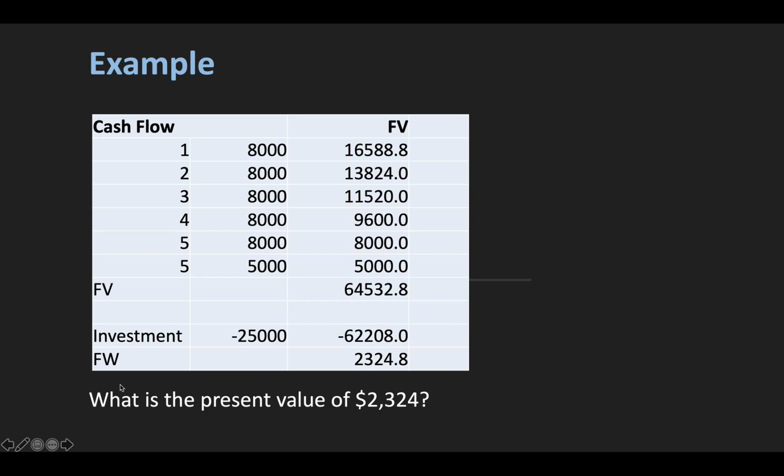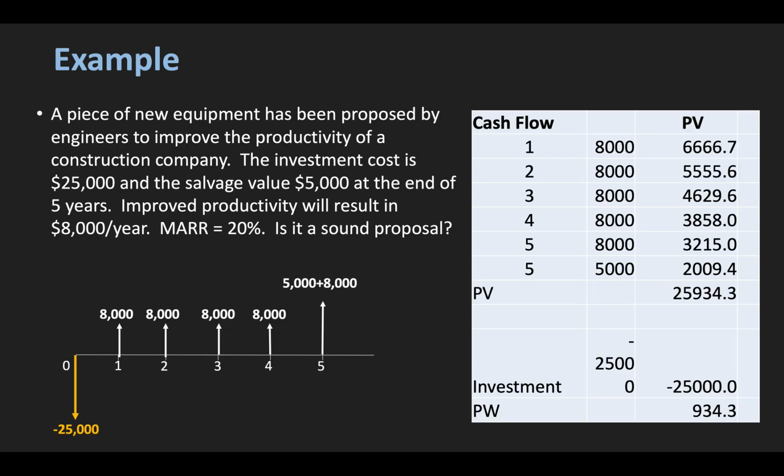Now my question is, what is the present value of 2,324? So basically this number, what is its present value? Think a little bit about it. You probably already suspected, yes, when we convert this number to present value, it's this one, right?